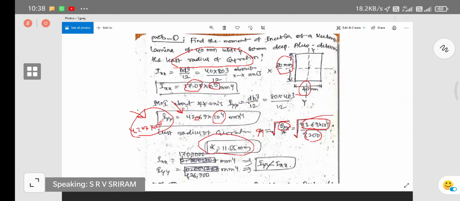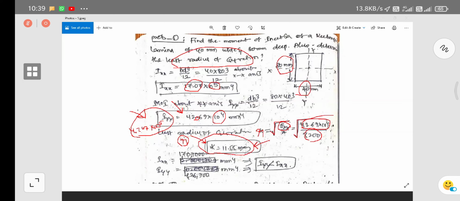In some textbooks they represent the radius of gyration as capital K, in some as small k. That means we get 11.55.